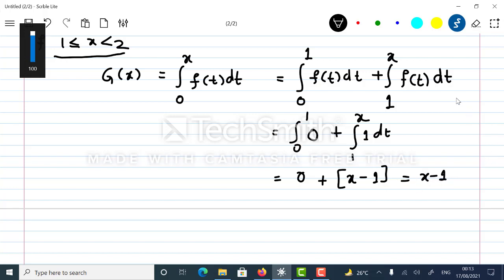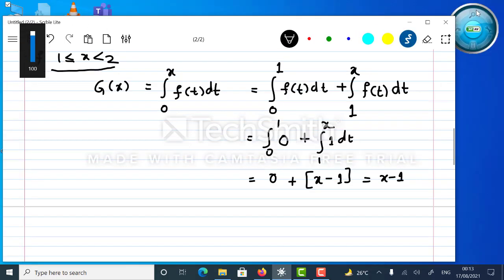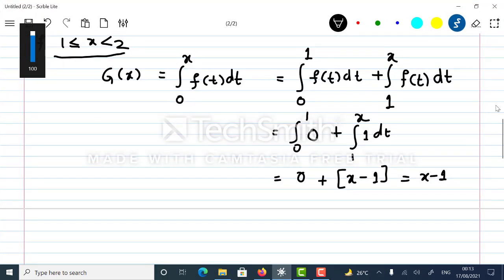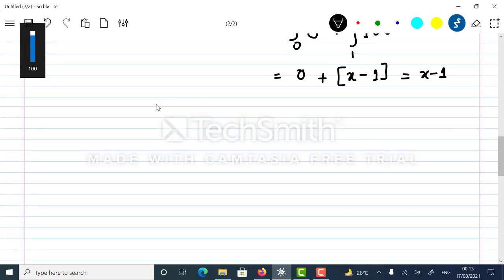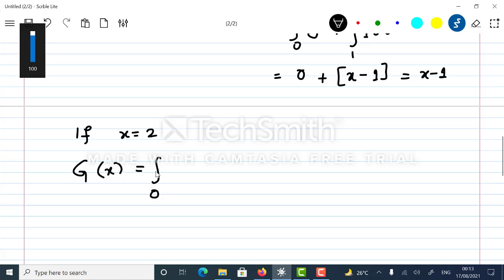Now case 3 is if x is at 2. So if x is 2, then again we need to find out g of x, which is a to x, a is 0, x f of t dt. Now this x will be replaced by 2, f of t dt.